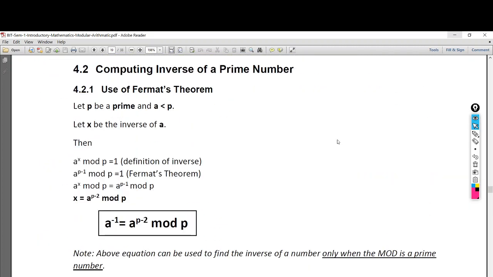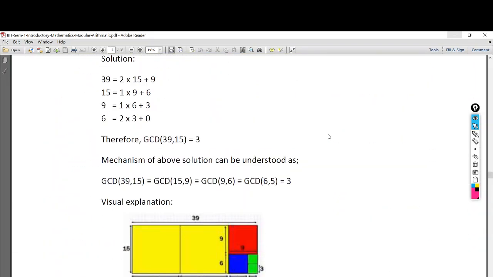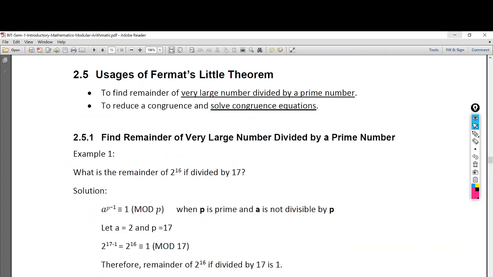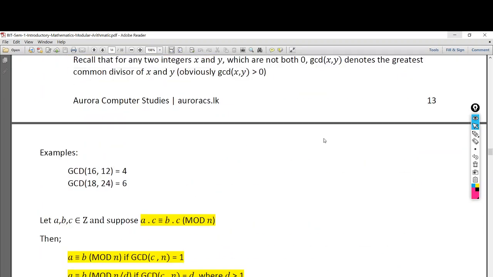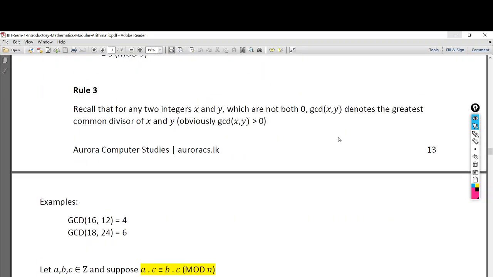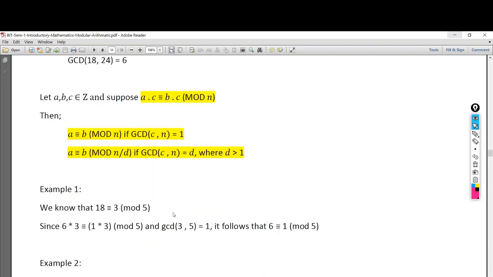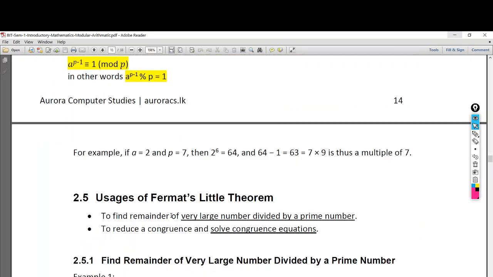Right, so we did a lot of things today. We started somewhere here, rule 3, right? Given this, you can either get this one or this one depending on whether the GCD is 1 or something bigger than 1. Then Fermat's little theorem in its special case.